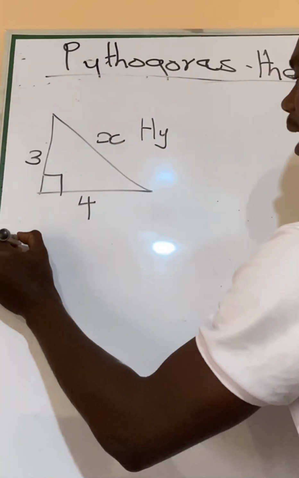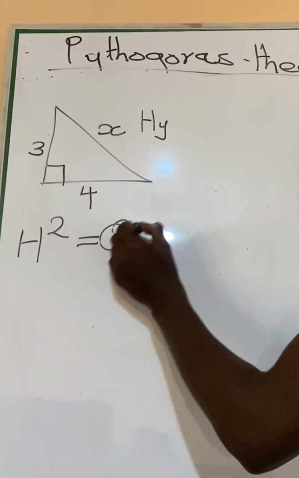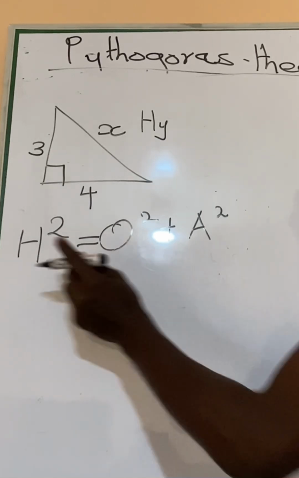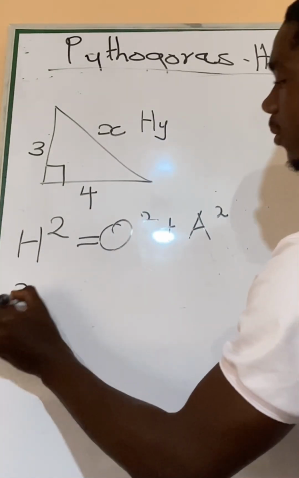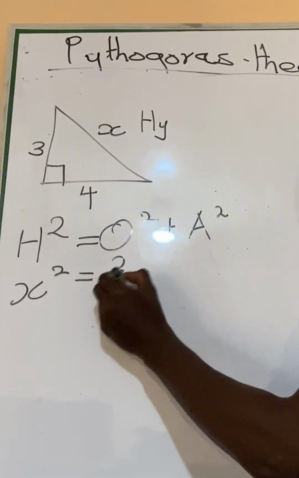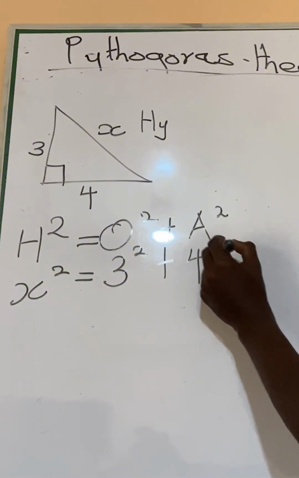So we have the Pythagoras theorem: hypotenuse squared is equal to opposite squared plus adjacent squared. Hypotenuse is represented by x, so x squared is equal to 3 squared plus 4 squared.